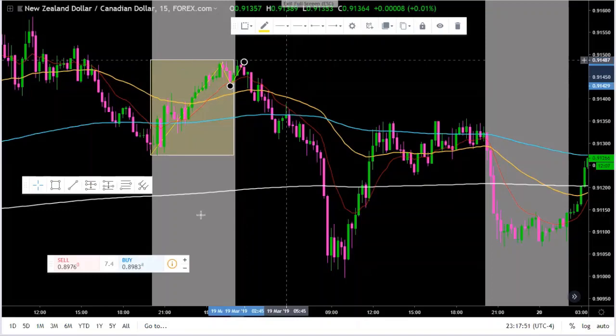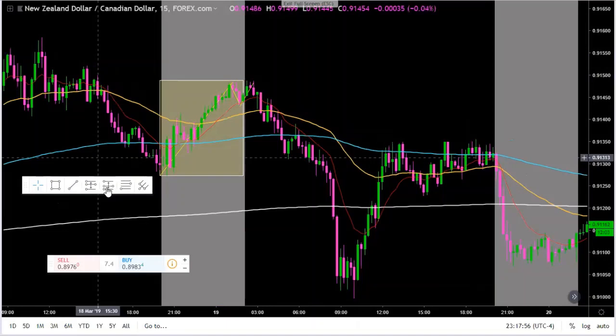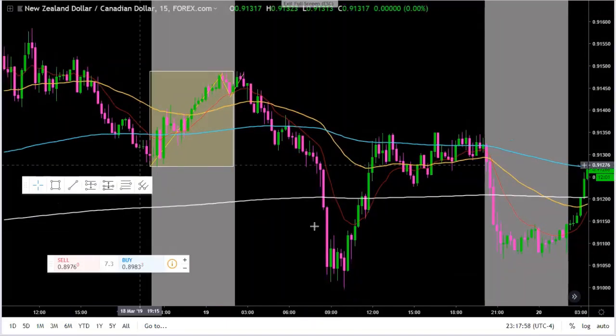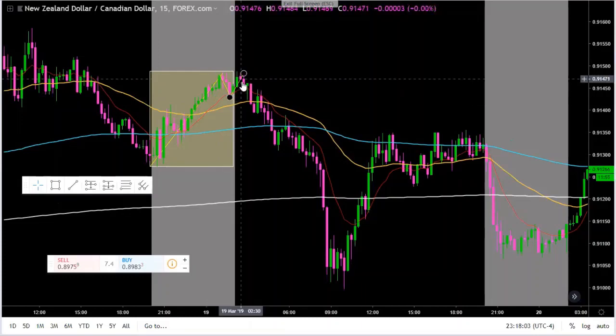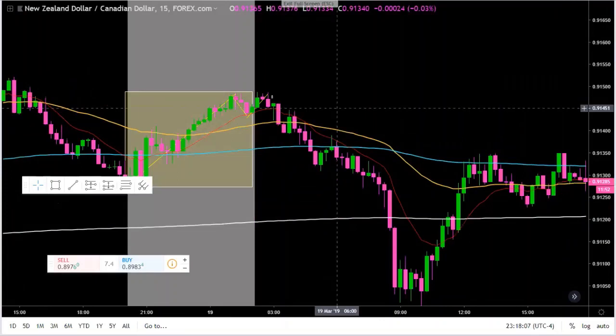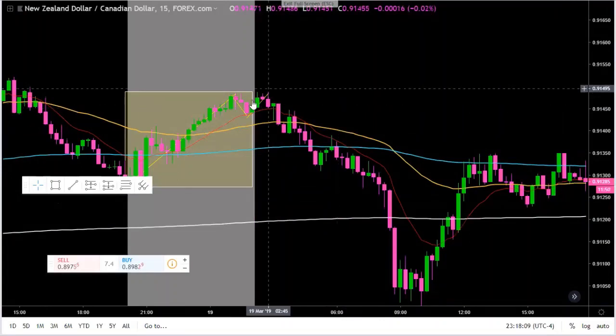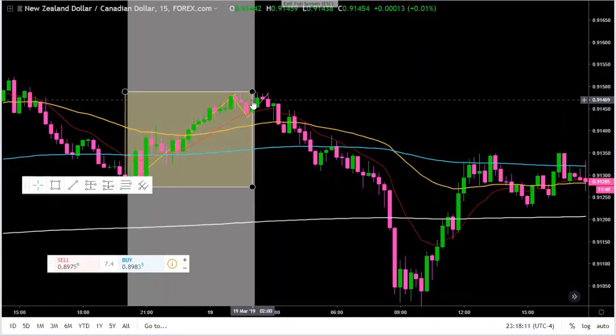So if I was to replay this and actually get in, which I won't do a replay because we actually see that it went down, I would have got in based on the fact that this right here is a star pattern right at the top of my second leg.